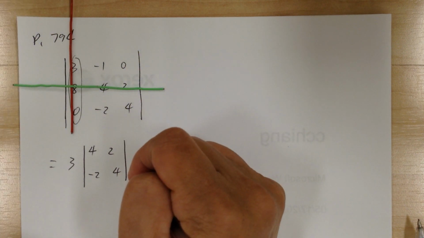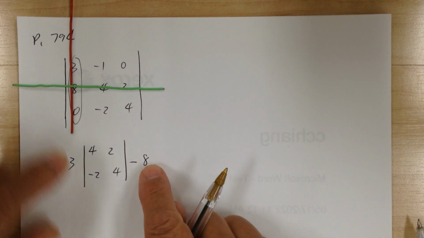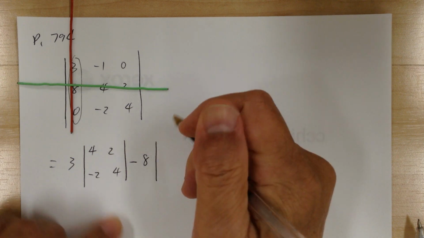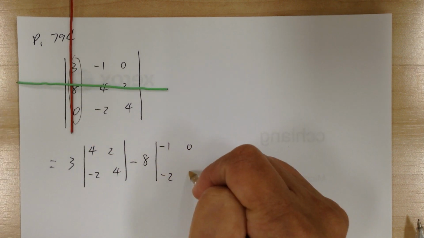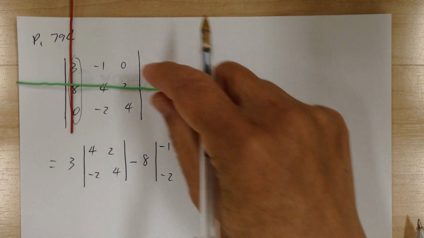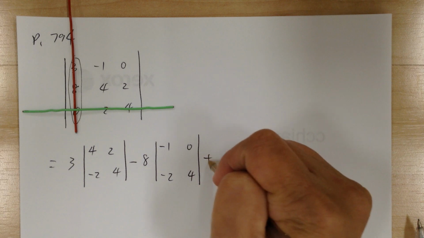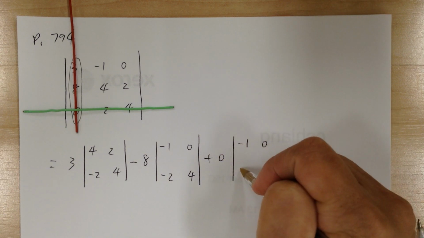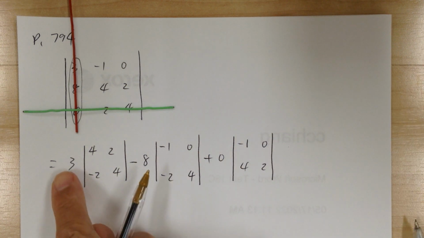And this would be 8, with a minus. I will explain the minus later on. Right now, just do the 8, but it's going to be a minus, and the matrix would be -1, 0, -2, 4. And for the next number, again you do the crosshair thing, and this becomes +0, and the matrix will be -1, 0, 4, 2.